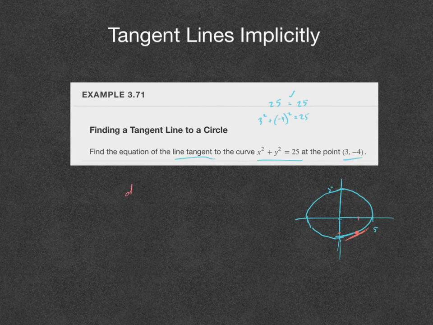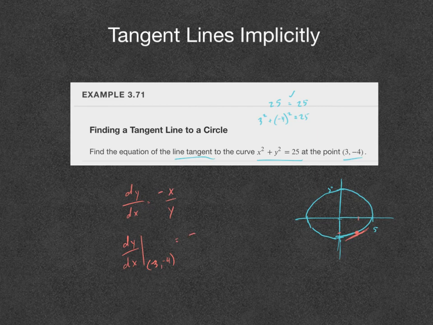Now, we showed earlier that the derivative at any point on that circle is negative x divided by y. So that's the slope at any point. So if I want to take my derivative evaluated at the point 3 comma negative 4, so that's just a different way of writing it.